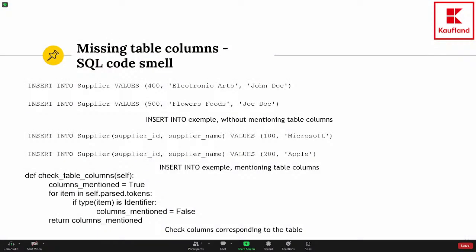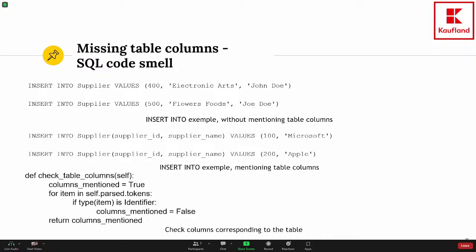Missing table columns means not mentioning the table columns in the insert into statement. This can affect the programmer if he wants to add new attributes to a table later and execute the same SQL statement after adding a new column. We can observe that in the second example, insert into supplier ID, supplier name, we mentioned the table columns.